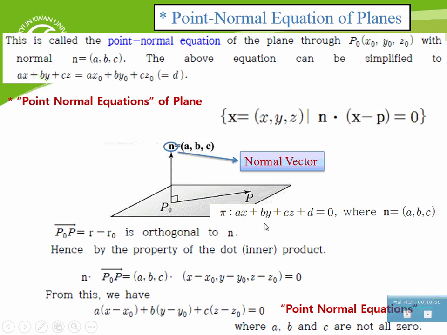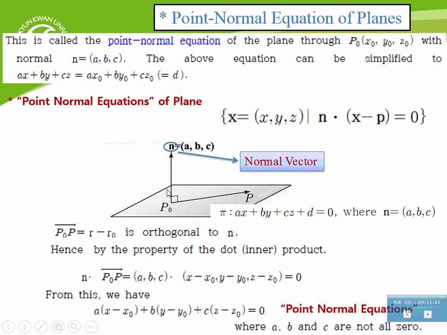If we have a plane like this, then this vector (a, b, c) from the coefficients of x, y, and z, this vector n, is called the normal vector to this plane, which is orthogonal to this plane. What is the nature of this vector to this plane?